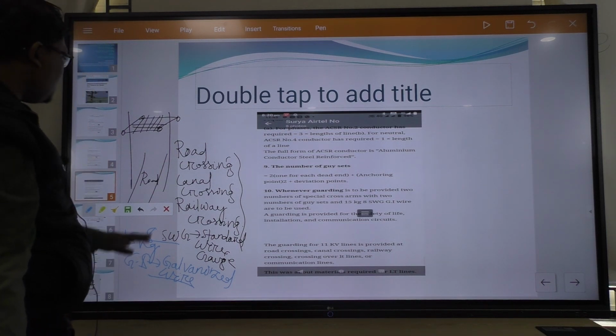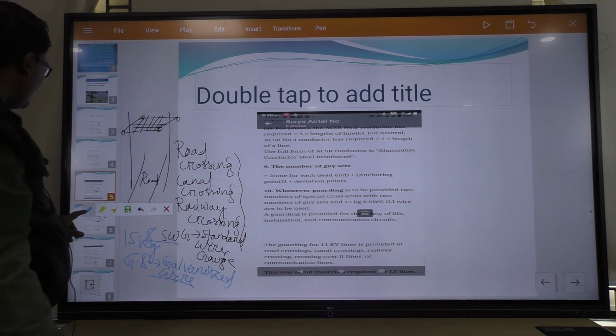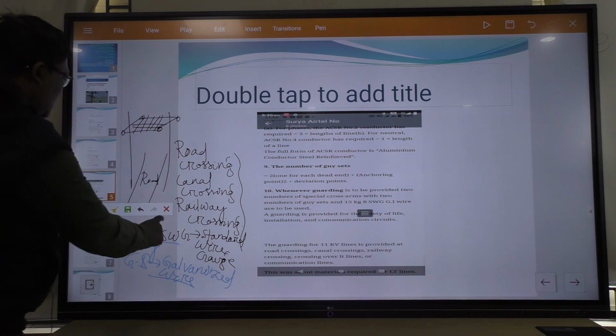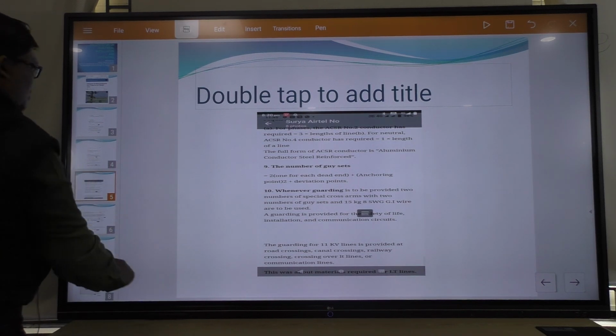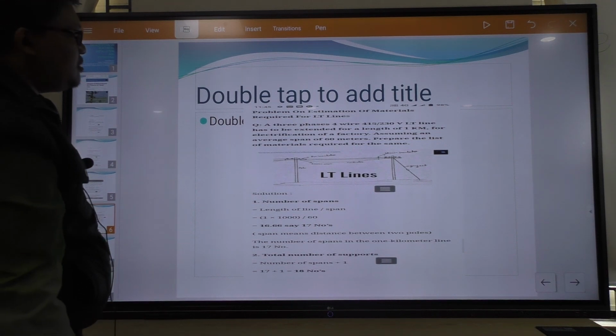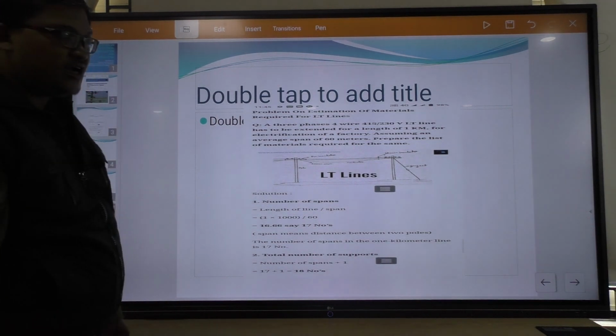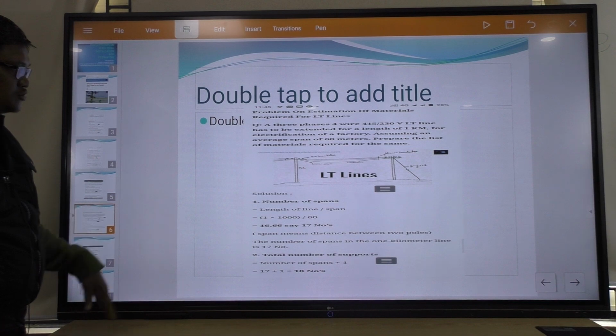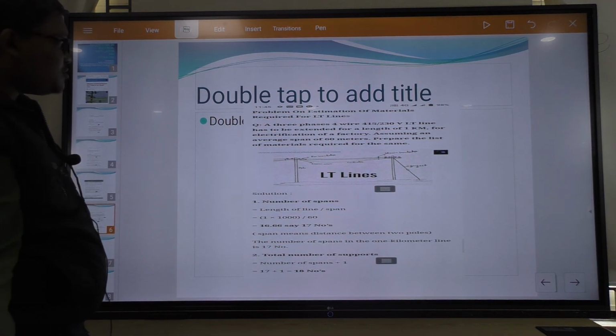These are the materials required for installation of an LT line. We can also do one problem relating to this concept.